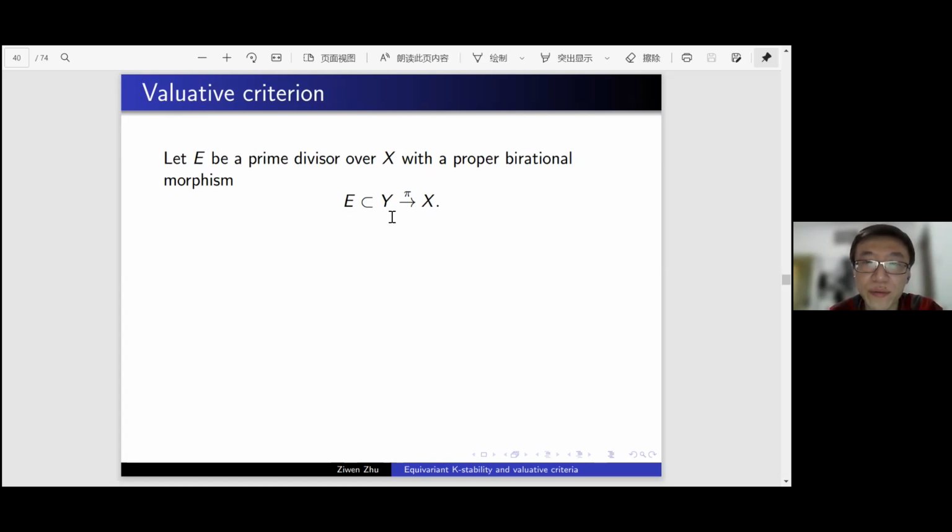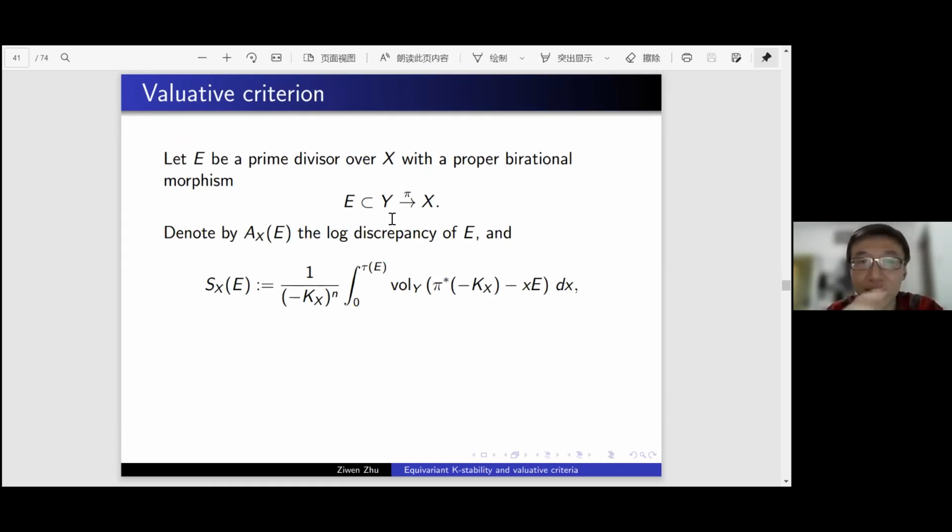Then I can first define the log discrepancy of this prime divisor. The log discrepancy is the coefficient of the divisor E in the relative canonical divisor K_Y over K_X, plus 1. This is how we define the log discrepancy A_X(E).